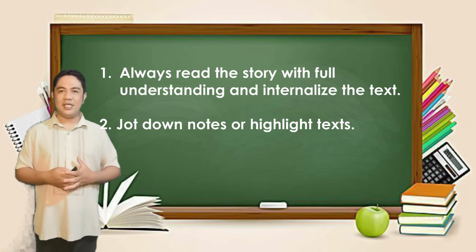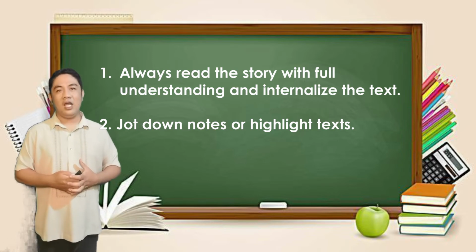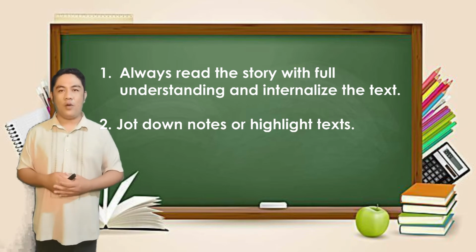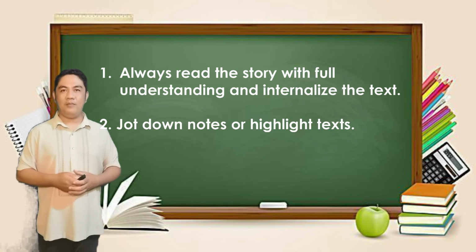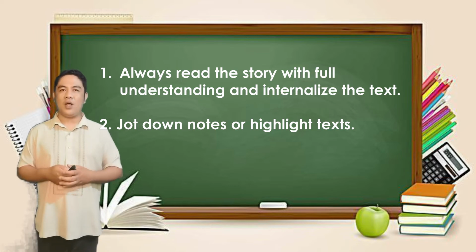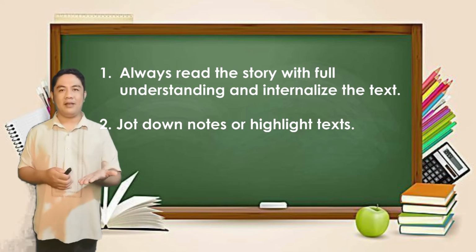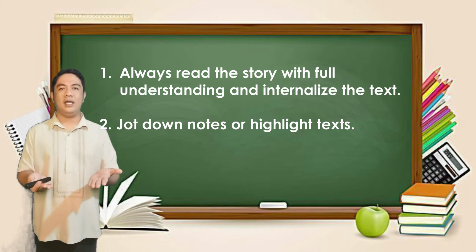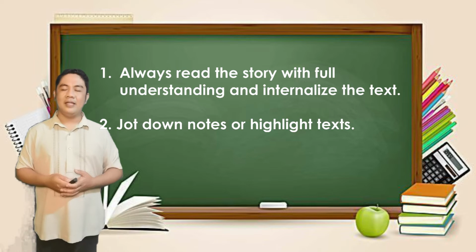We could easily answer the questions correctly if we know the characters and details of the story. One way to identify the characters in the story is to read and understand the whole story, and by looking at the illustrations of the story.